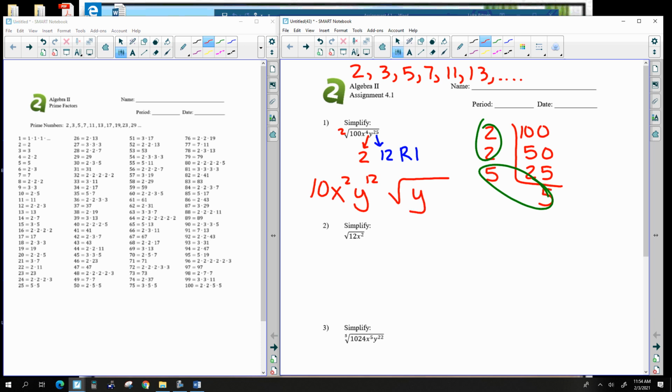So 1 y has to stay, and this is kind of like where you leave leftovers. Okay, so I'm able to take out a 10, 2 x's, 12 y's, and I have a leftover of 1 y. And so this is your process simplified.